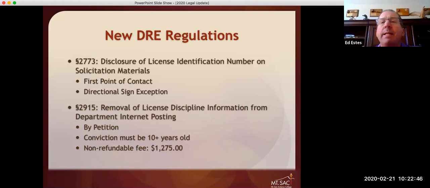I mean, anything a buyer could possibly see or a seller could possibly see. If you got your name on it, you have to have your license number on it. One exception, directional signs for open houses. Do not have to have your license number on that. But the for sale sign or the open house sign on the property, you need to have your DRE license number.